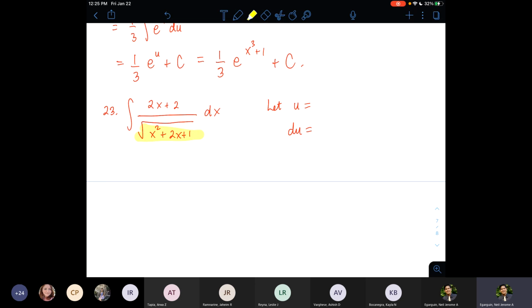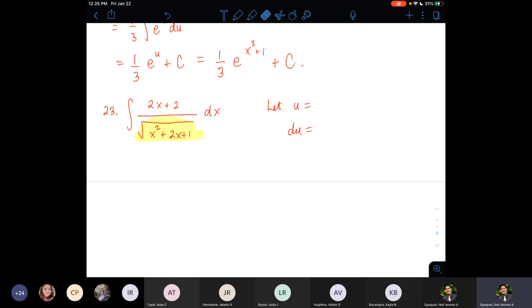In this problem, the denominator is a square root. But again, the derivative of a square root is complicated, so I won't include a square root in my choice for u. I'll do so if extremely necessary, but if I can find a substitution that doesn't involve the square root, then that's fine.